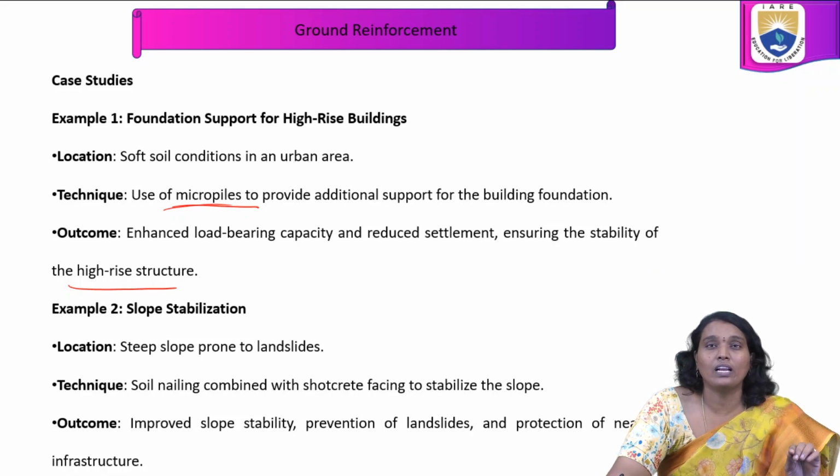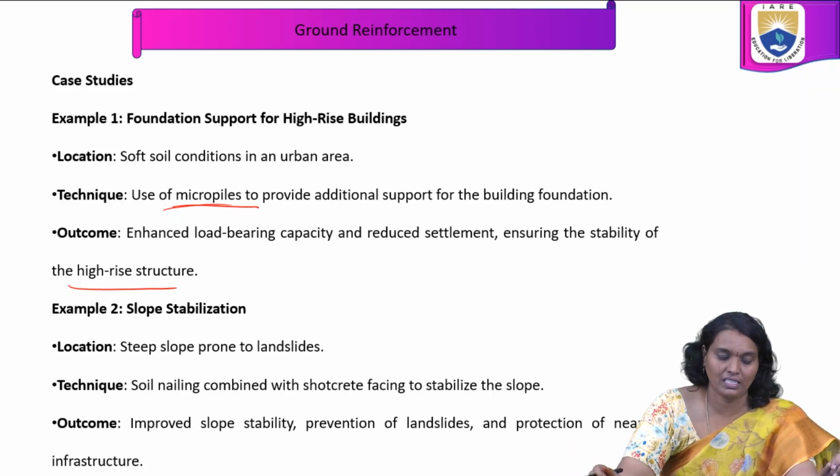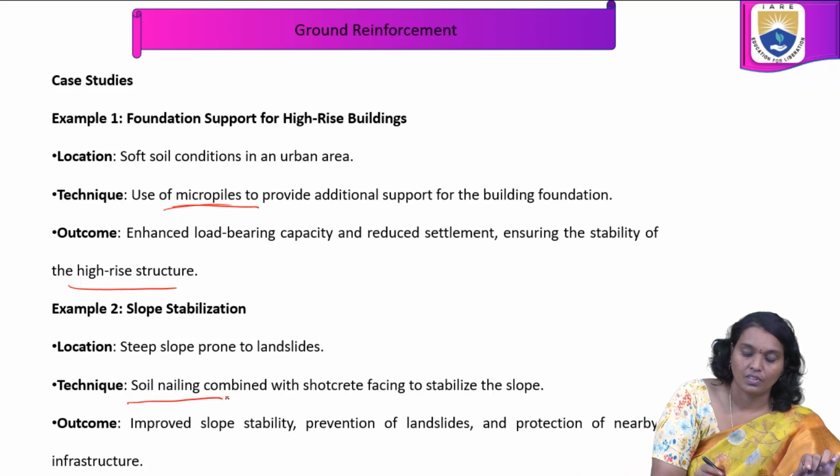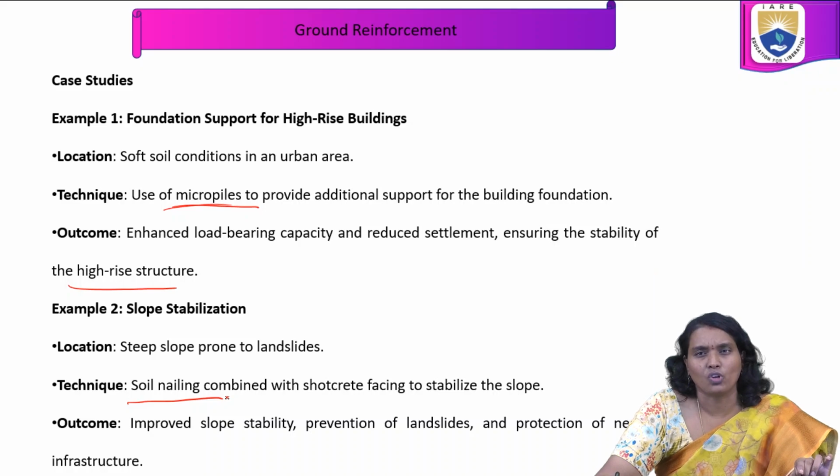One more case is soil stabilization. For example, the location is a steep slope prone to landslides. In that condition, we are going to adopt the technique of soil nailing combined with shotcrete facing to stabilize the slope.